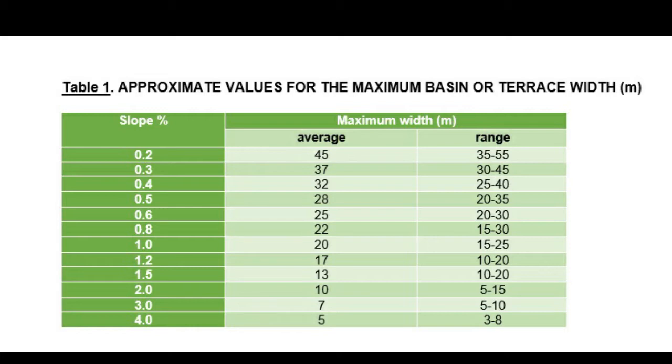For example, at 0.2% slope, the average is 45 meters, and the range starts from 35 meters to 55 meters maximum. At 0.3% slope, the average is 37 meters, and the range is from 30 to 45 meters, and so on. Follow the slope percentage to get the maximum basin or terrace width.